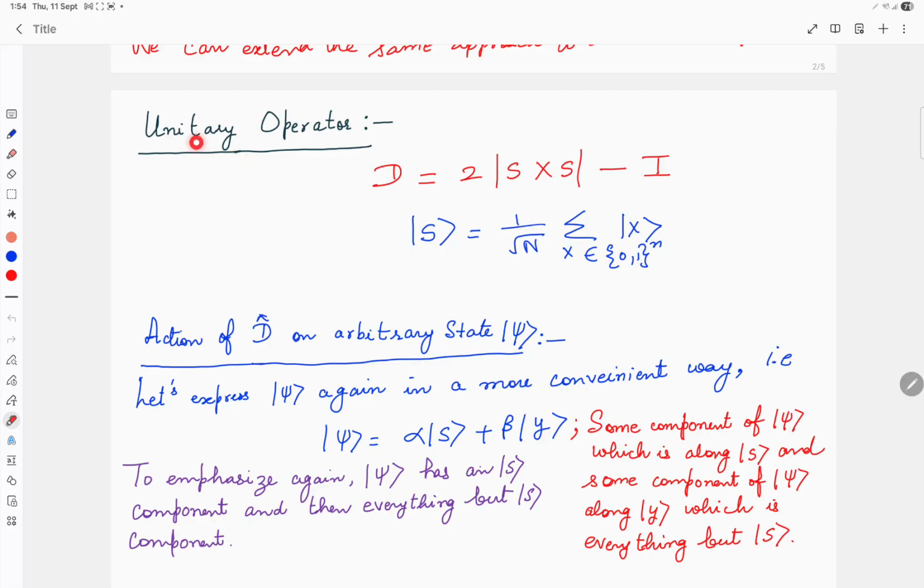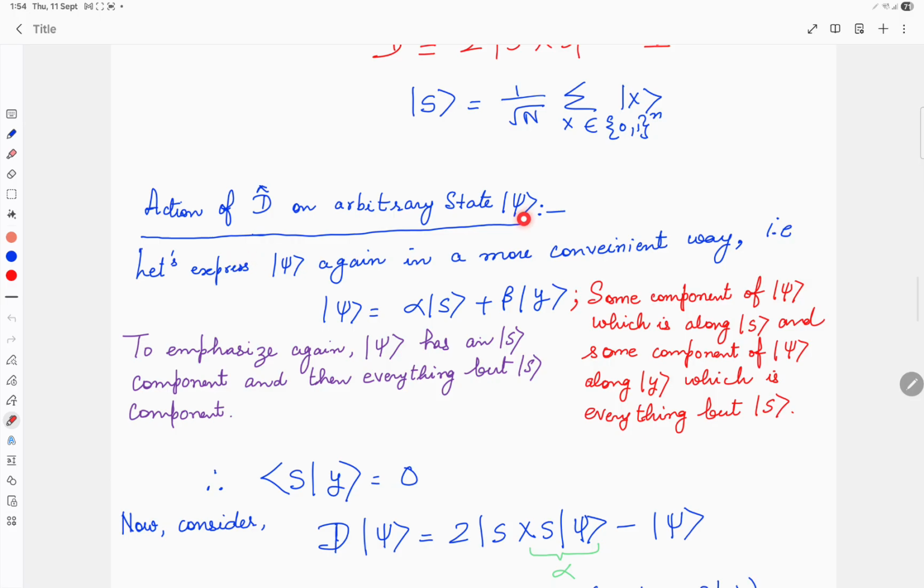The diffusion operator is basically a unitary operator. It is given by twice the outer product of a quantum state S minus the identity matrix. What is ket S? Ket S is the equal superposition of all the basis states.